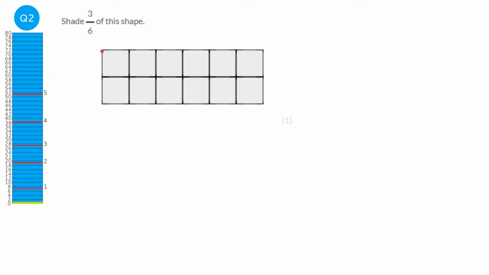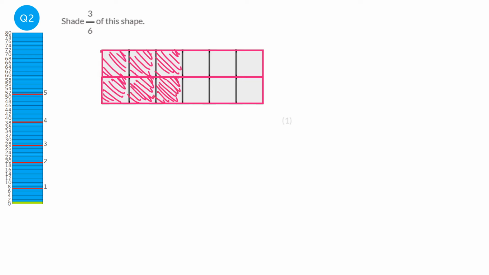If I split this shape into two sets of 6 blocks, when we're asked to shade in 3/6, for each set of blocks I'm going to shade in 3 of the 6. So that's 3 for the first set, and this is 3 for the second set.